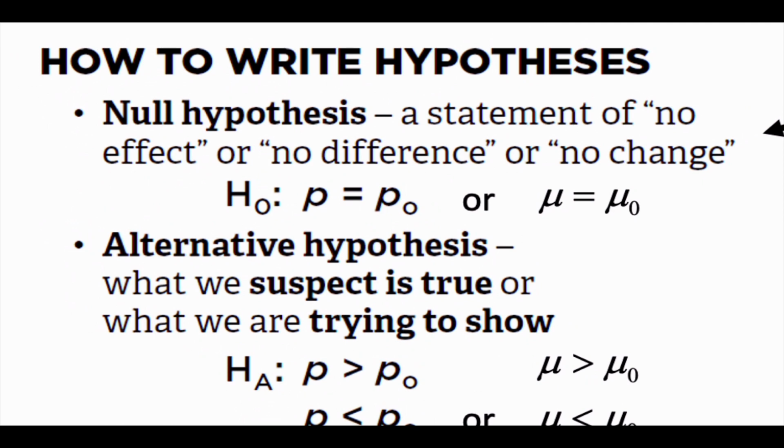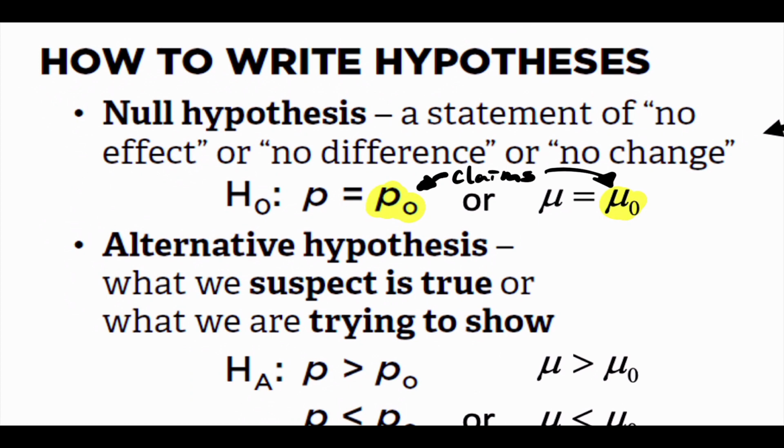Whatever the claim is, we say H sub 0. If it's a proportion, we say P equals the claim, right? P sub 0 is just the claim. So we're just reporting what the claim is.